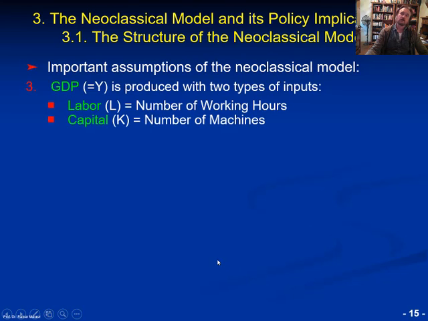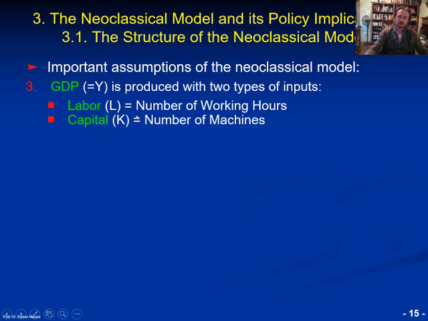Another quite important assumption of the neoclassical model is that GDP is produced with two types of inputs only. We neglect all the other production factors that we have already discussed in chapter 2.